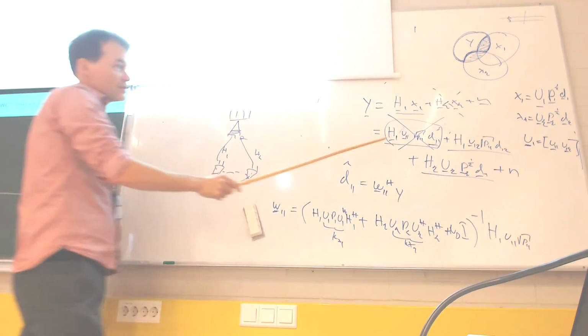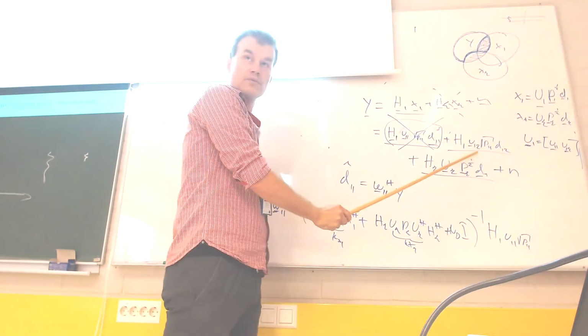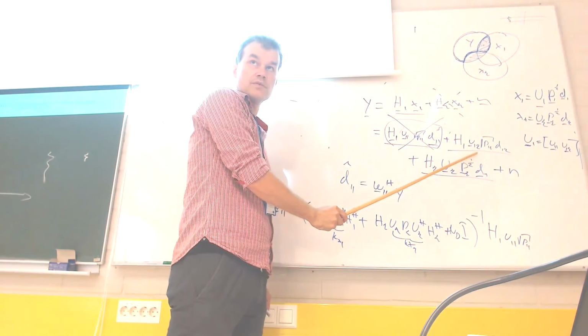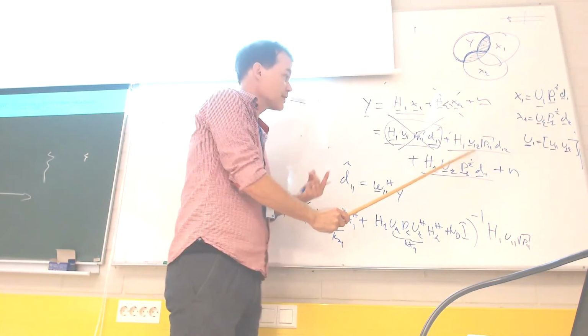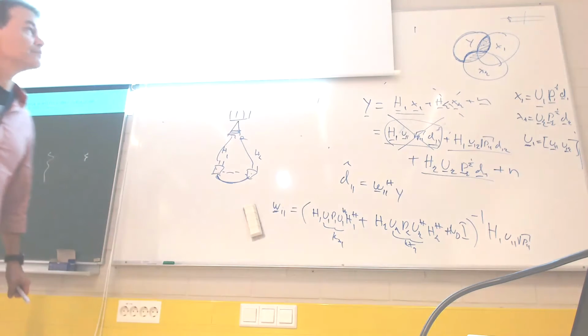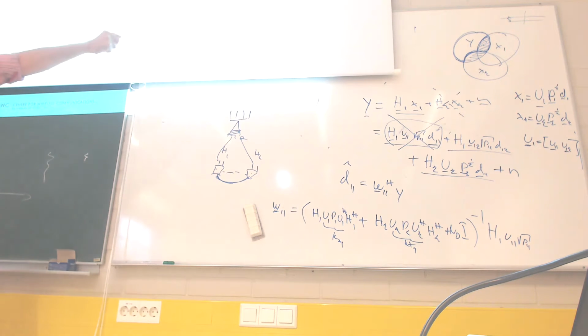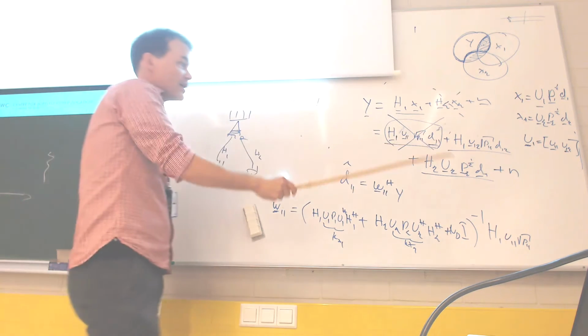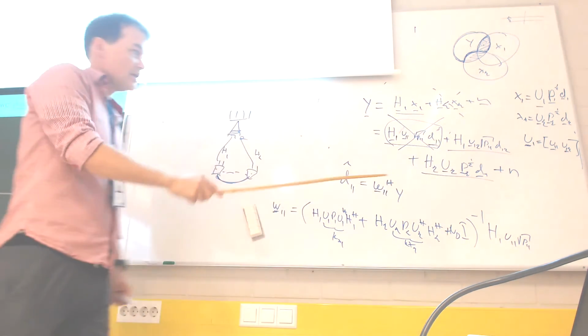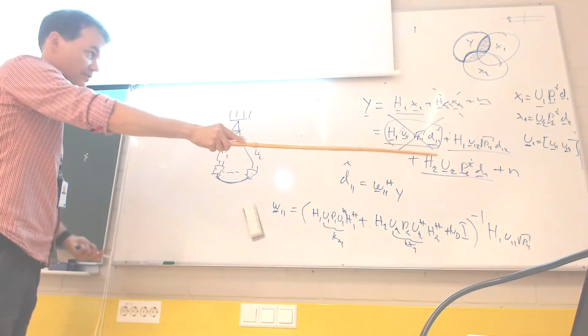Subtract both terms, both streams of user 1, and then move on to user 2. Receive stream 1 of user 2, with interference from stream 2 of user 2. And then you can remove also that component from the received signal.